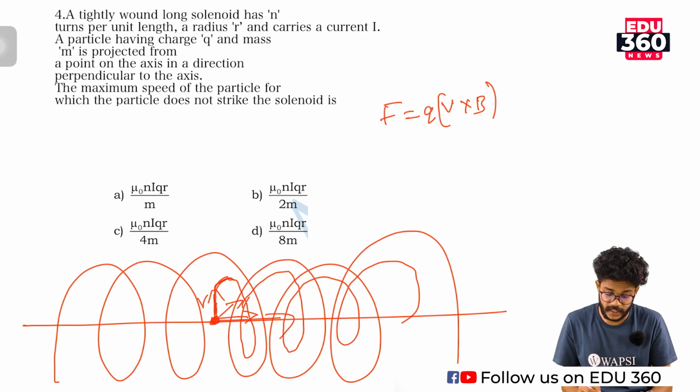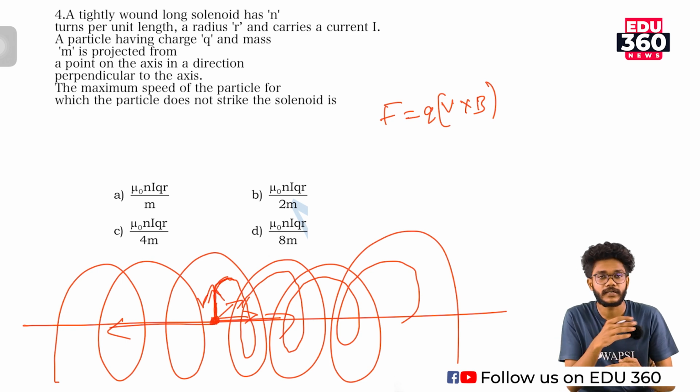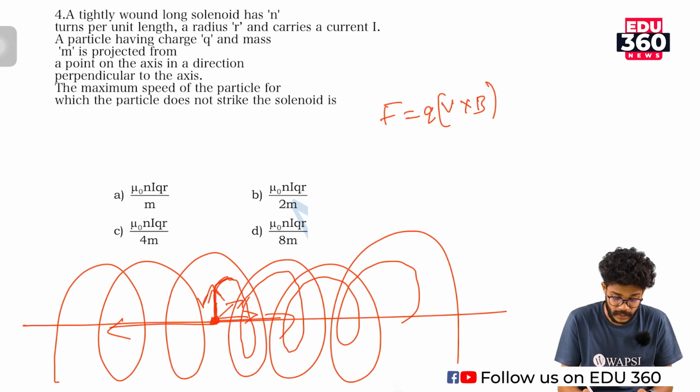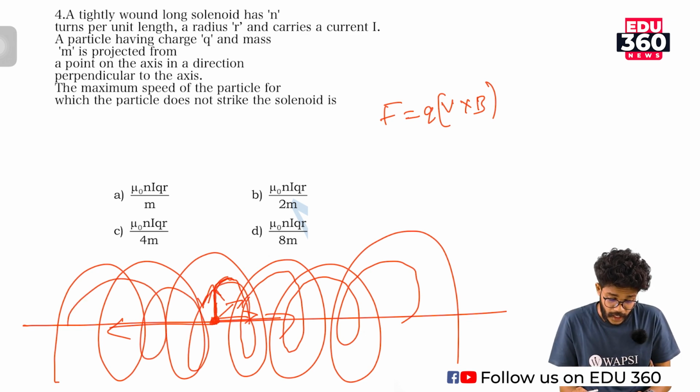The magnetic field is in this direction and the velocity in this direction. If the magnetic field direction is reversed, then it will just retrace the path in the opposite direction, like this.